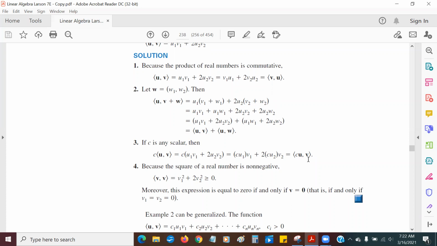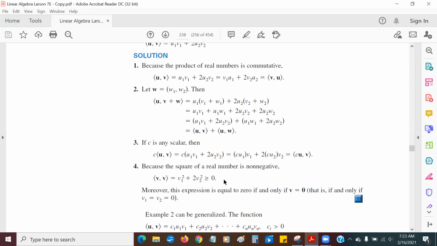And finally, because the square of a real number is always non-negative, v comma v, well, that's going to be v1 squared plus 2 v2 squared. I'm adding two non-negative things. So of course it's going to be greater than or equal to 0.